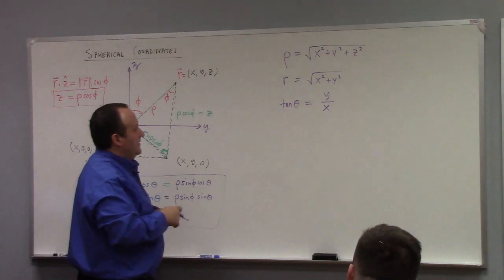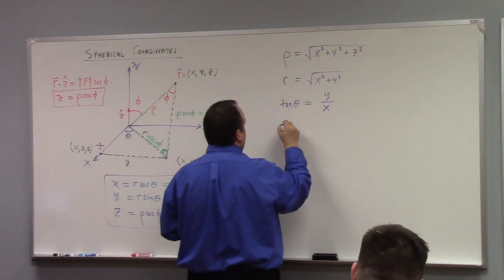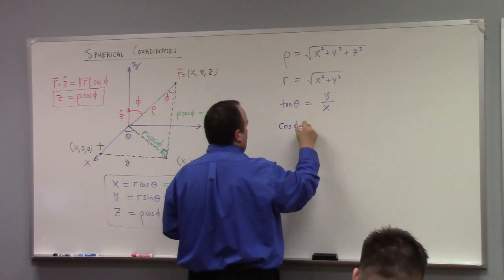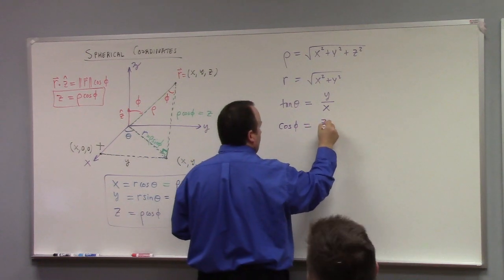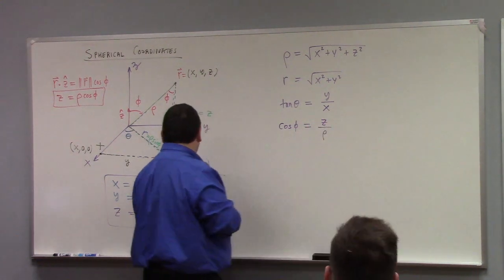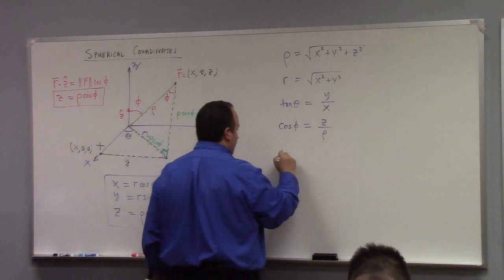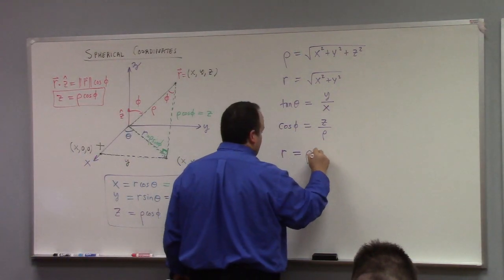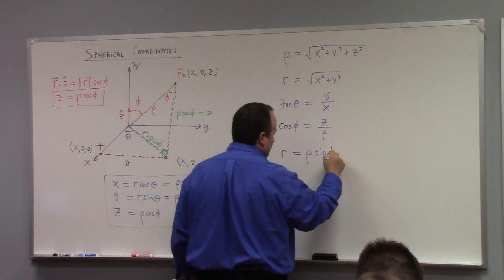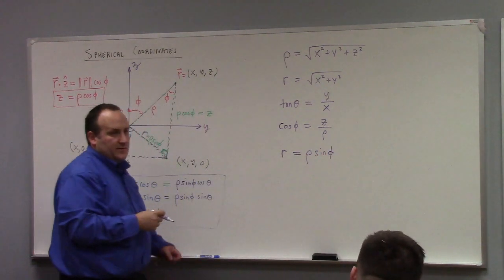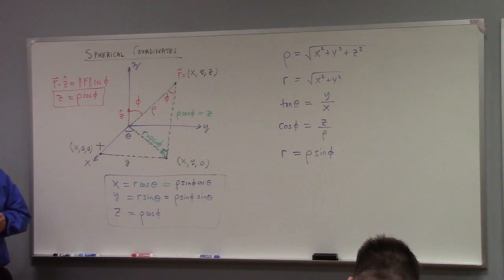On the other hand, the cosine of phi is equal to z over rho. That's true. And this right here, r, is equal to rho sine phi. This formula is a bridge between spherical and cylindrical coordinates. So these are the big ones.